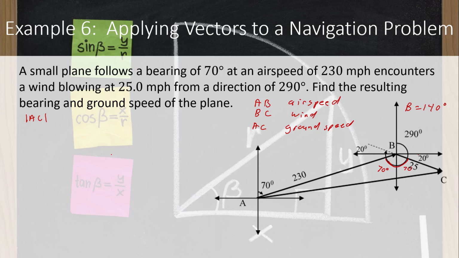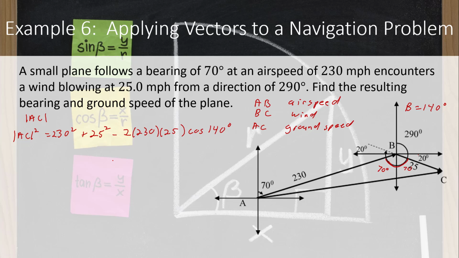Now we can figure out what AC is. The square of AC, or the magnitude of it, the square of the magnitude of AC is going to be equal to 230 squared plus 25 squared minus 2 times 230 times 25 times the cosine of 140 degrees.